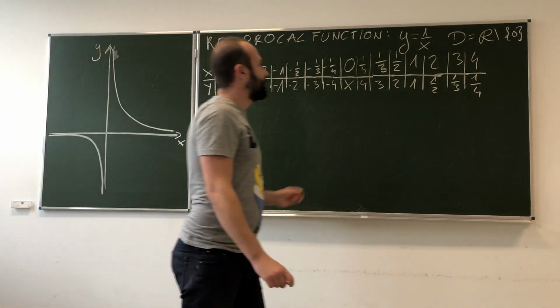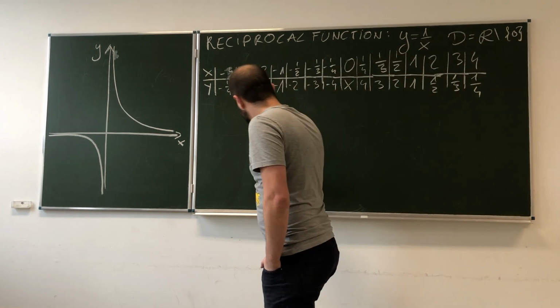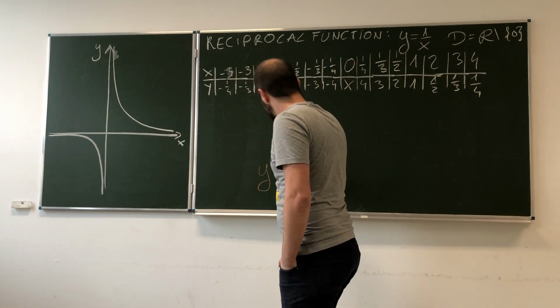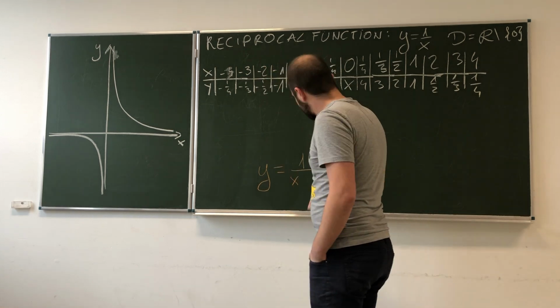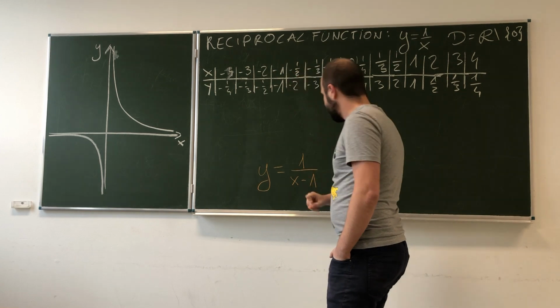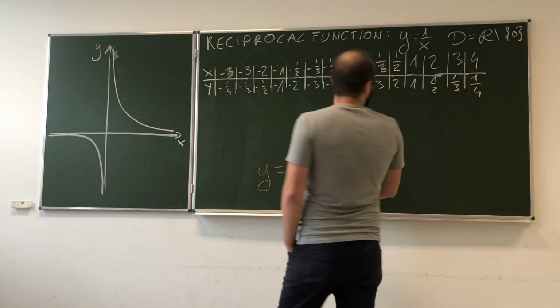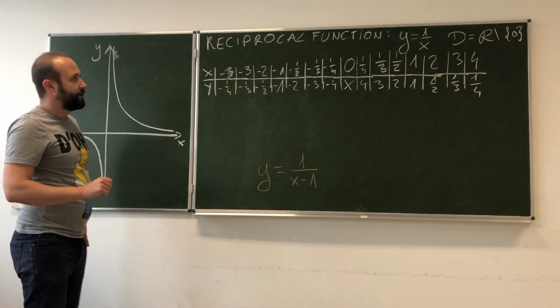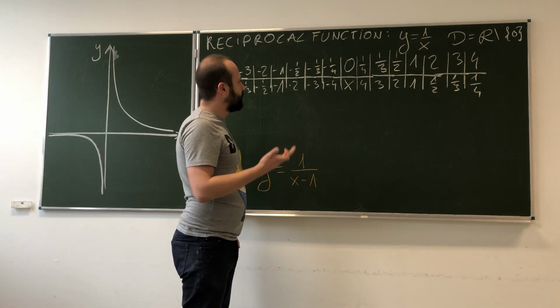And now we're going to introduce another possible transformation. Now look, what if y is equal to 1 over x minus 1? Okay, first thing we should notice here is that the point we need to cut out of our domain is no longer 0.